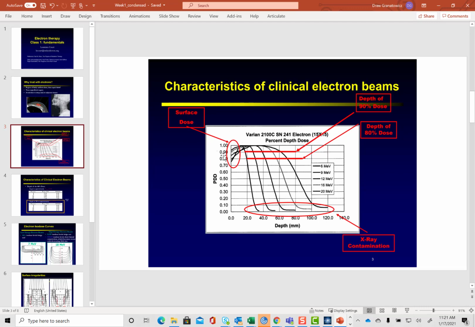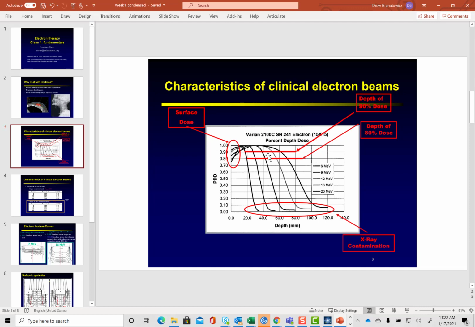So you have your surface dose here, and remember, electrons are opposite of photons. As you increase your electron energy, your surface dose goes up. Your D90 and D80 here are important because those are the two most commonly prescribed doses.